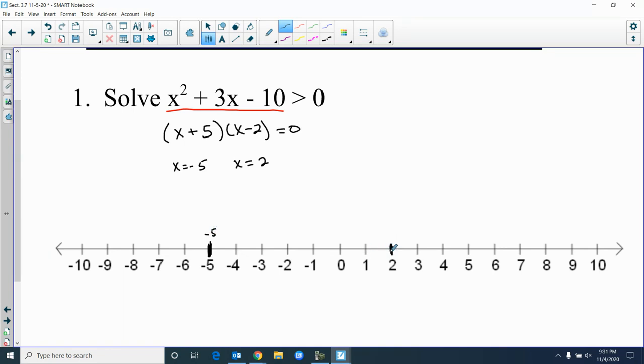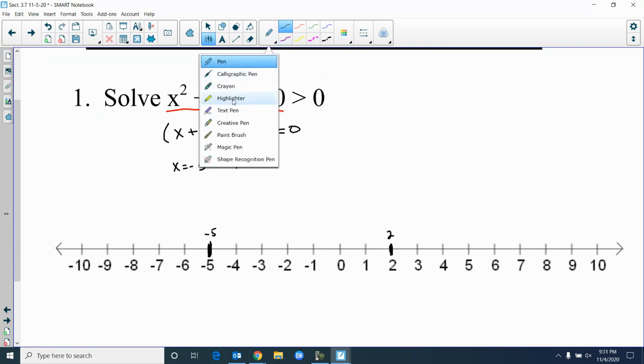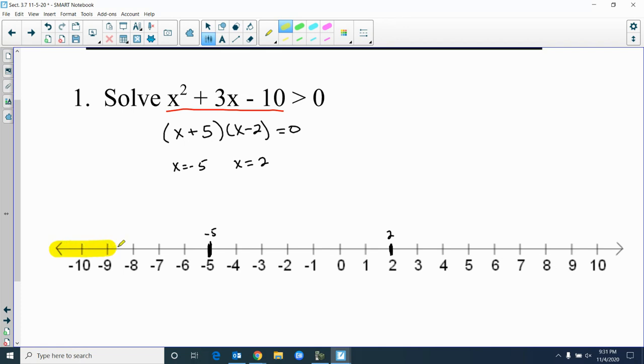In between and to the left and right, it has to be either greater than 0 or less than 0. We're going to use the test point method, and pick a point from each of these regions. We have 3 regions here. There's your first region, here's your second region, and here's your third region.